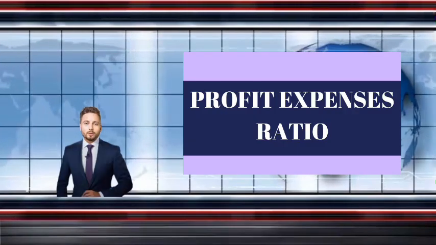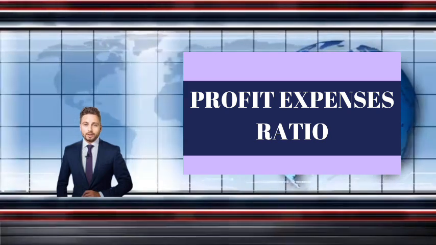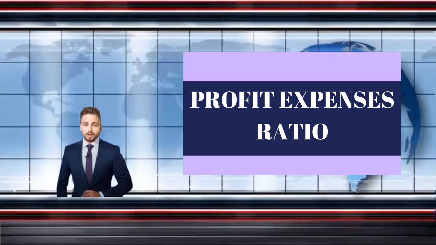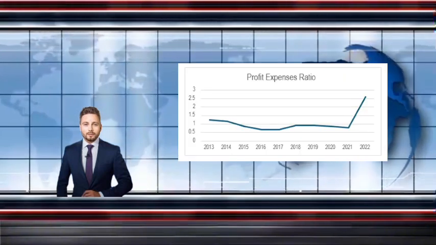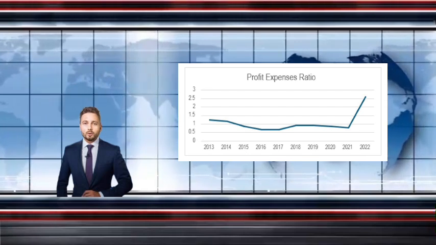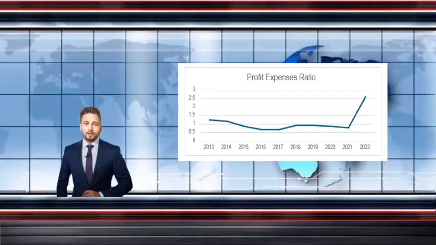Profit-expense ratio. The profit-expense ratio assesses the bank's efficiency in generating profits relative to its operating expenses. It is calculated as the ratio of net profit to total expenses. HSBC Amanah's profit-expense ratio has fluctuated between 0.554 and 0.706 from 2013 to 2022.